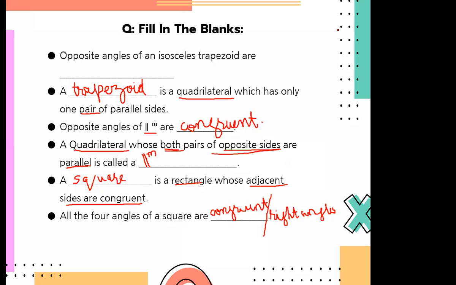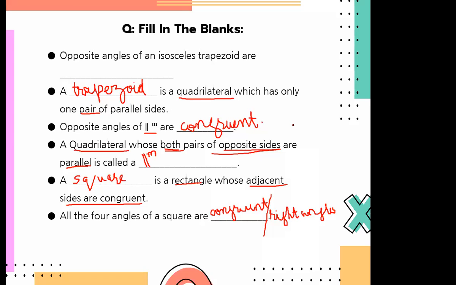Understand? Is it clear? Yes, 90-degree. Very good. All of you are giving the right answer.